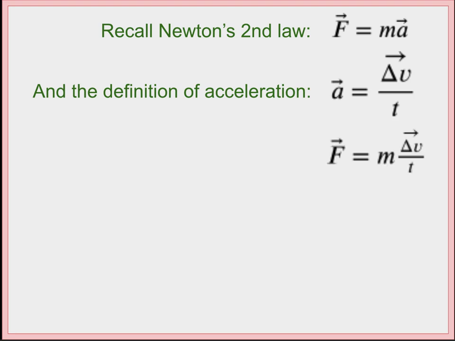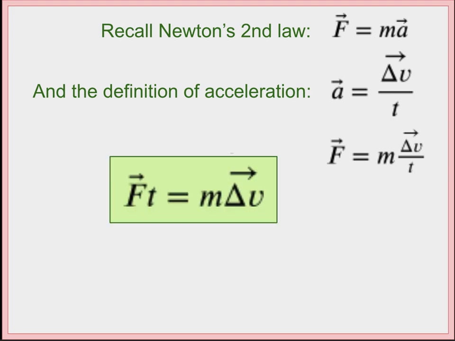Let's do a little algebra. We'll plug in the a formula into the F equals ma formula. And then I'm going to multiply both sides by t, kind of rearrange things a little bit, and I get this idea. Now, this helps us define what's going on in terms of momentum. So the right-hand side of the equation is really just the change in something's momentum, m times v, but the m won't be changing.